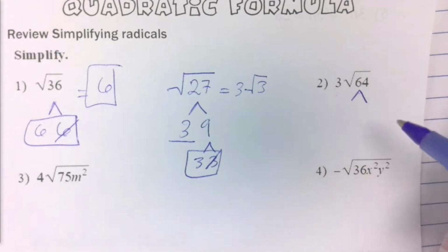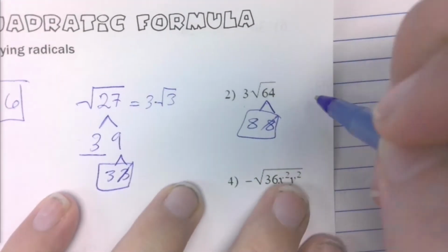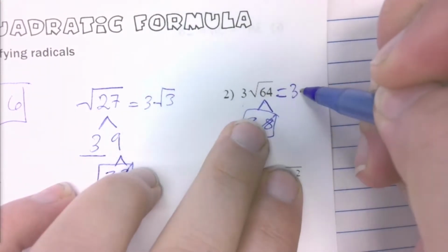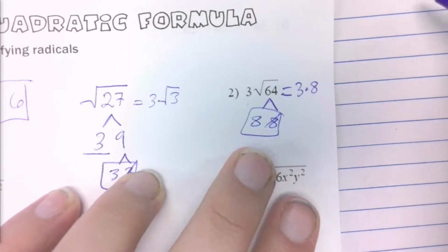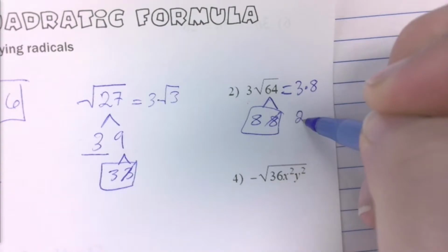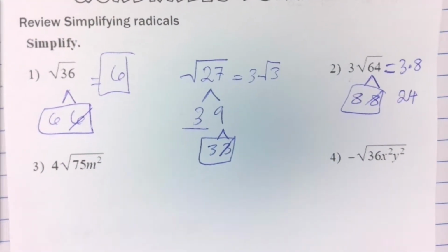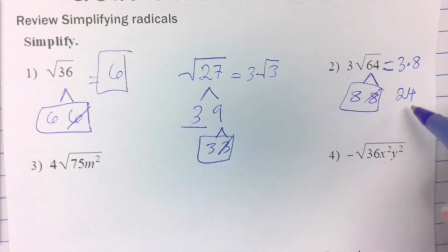Give me two numbers. 8 and 8, yeah. So it's going to be 3 from the outside, and 8 from the inside. What's 3 times 8? 24. That's it. Your answer is 24.